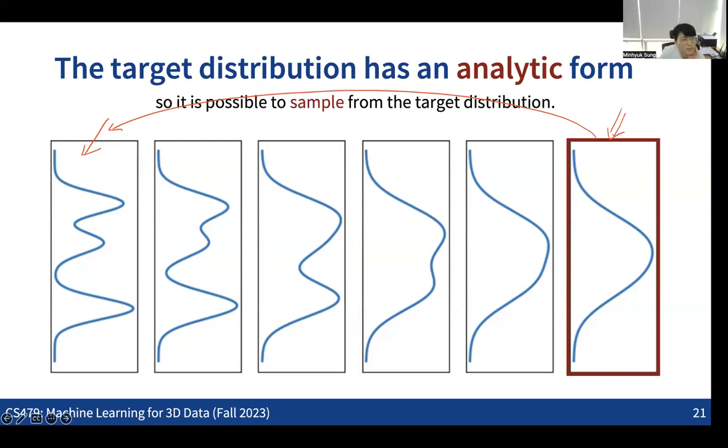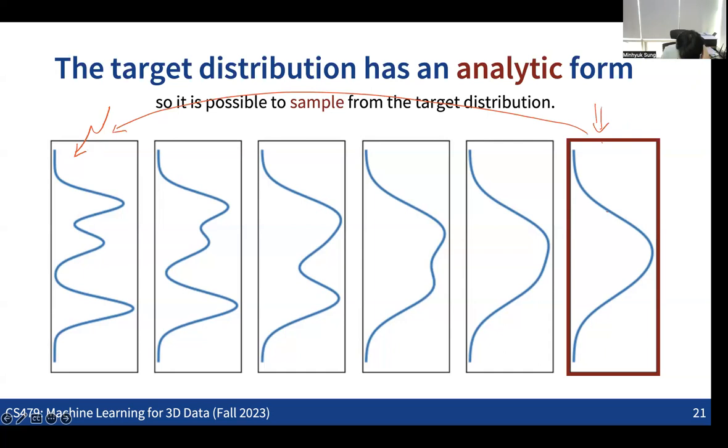So that's the basic idea. Instead of directly getting the information of the data distribution, which would be very complicated, we get the mapping from the target distribution to the data distribution, so that at generation time we can sample from the unit Gaussian and map it into one of the points sampled from the data distribution.